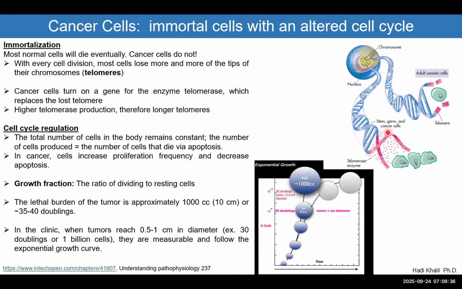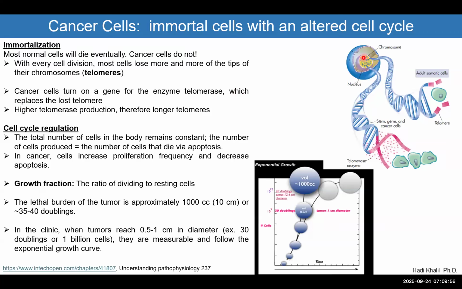So normally, as cells divide, they lose part of these ends of the chromosomes that are telomeres. In cancer cells, they turn on an enzyme called telomerase, and that telomerase will most probably replace those lost parts of the telomeres.